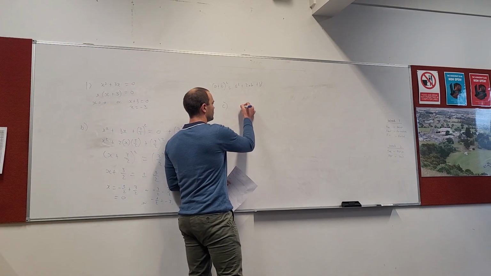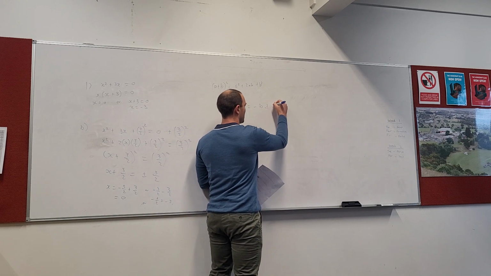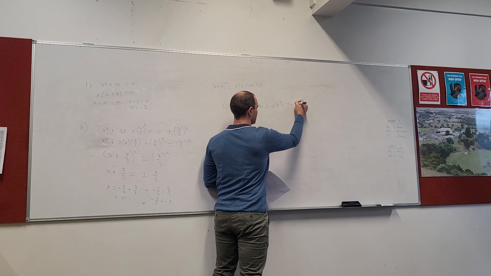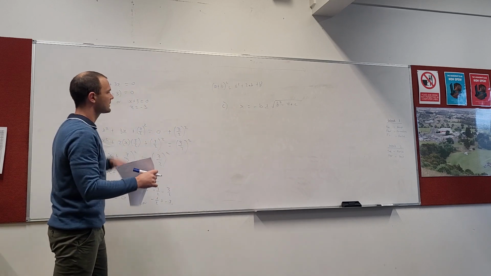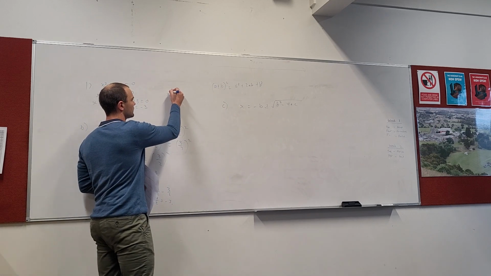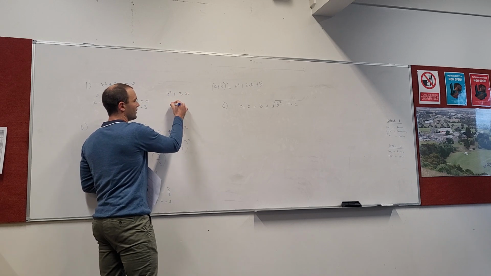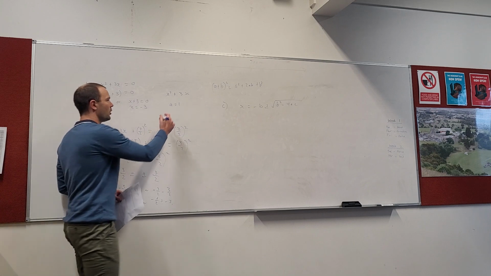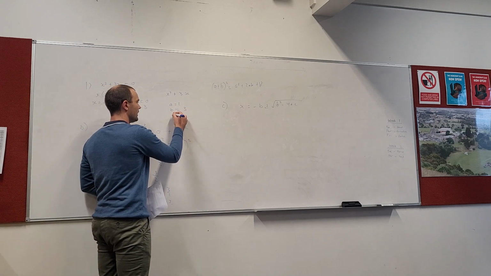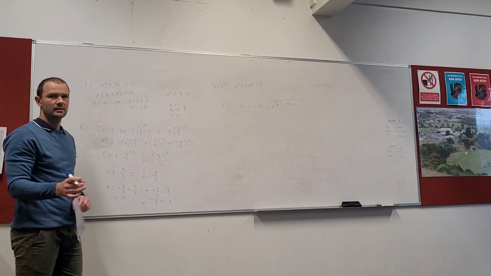Alright, so the quadratic formula is x equals minus b plus or minus the square root of b squared take 4ac, all over 2a. And if we're looking at this quadratic here, we have x squared plus 3x. Okay, we've got a is 1, the coefficient of the x squared term is 1. We've got b is 3, and c is 0.